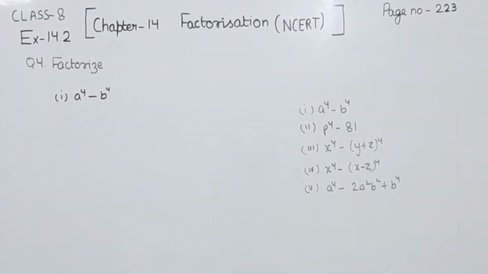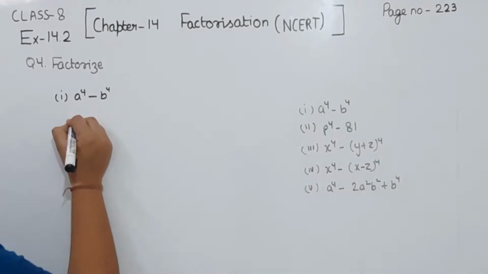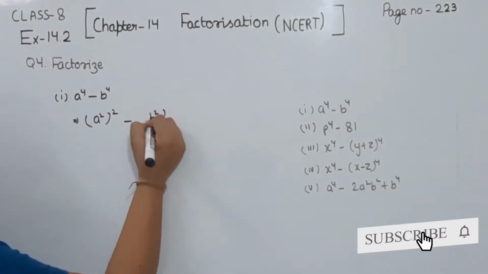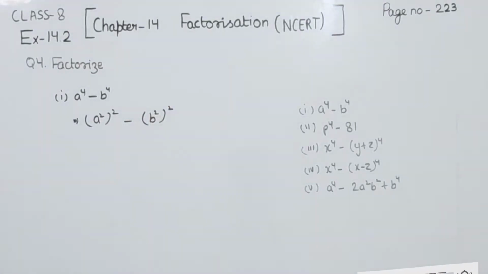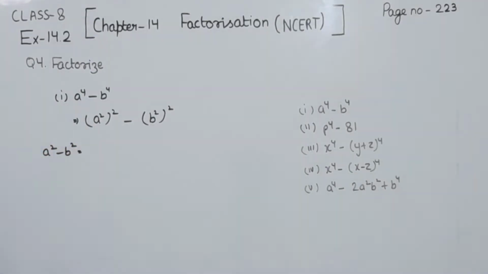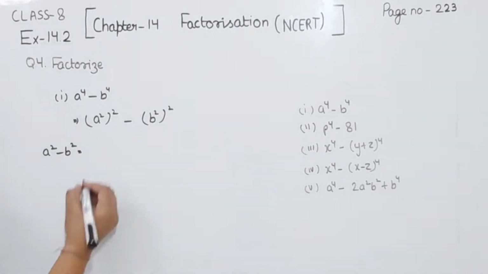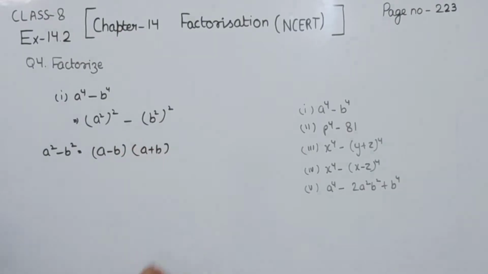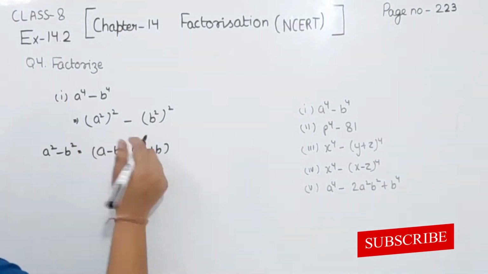First of all, I am going to write this in the form of a to the power 2 the whole square minus b to the power 2 the whole square. Now I am going to use the formula: a square minus b square equals a minus b and a plus b.